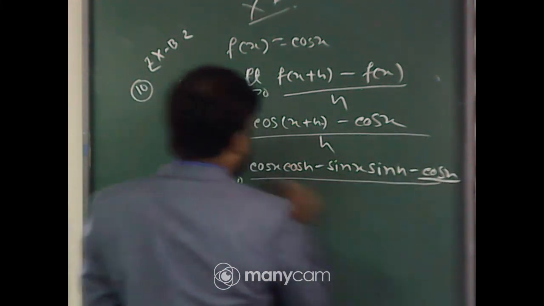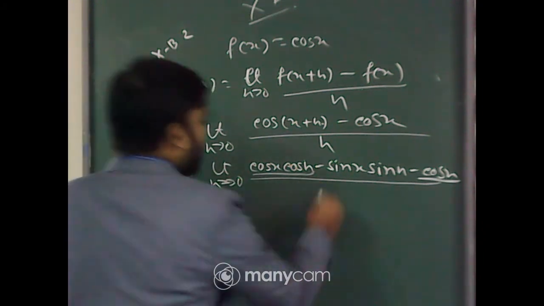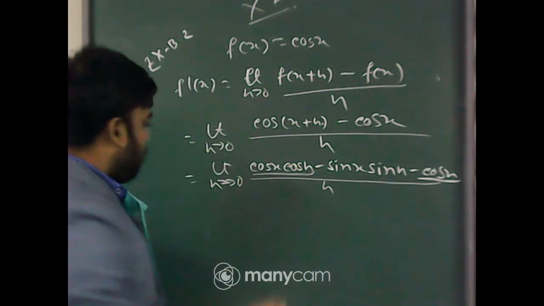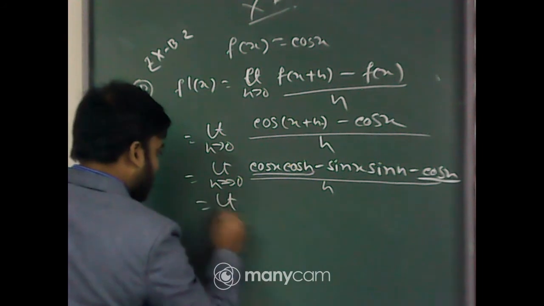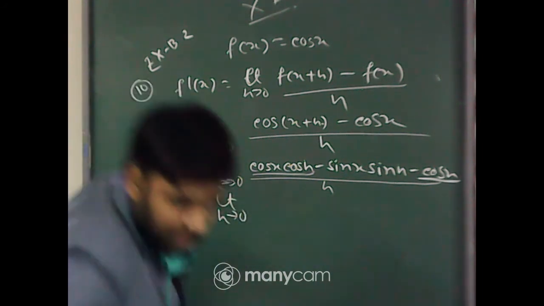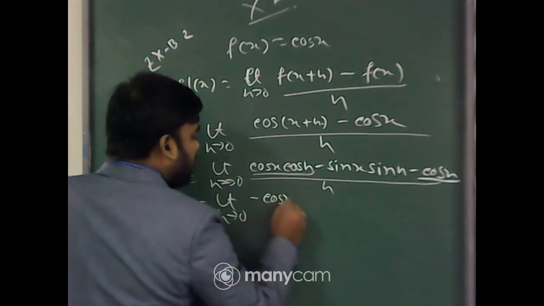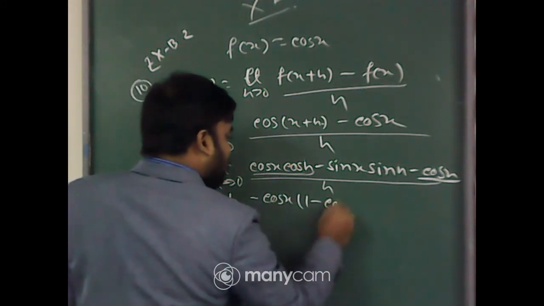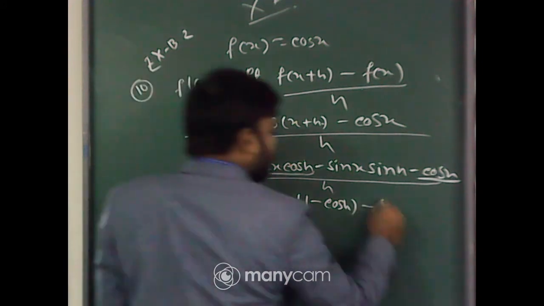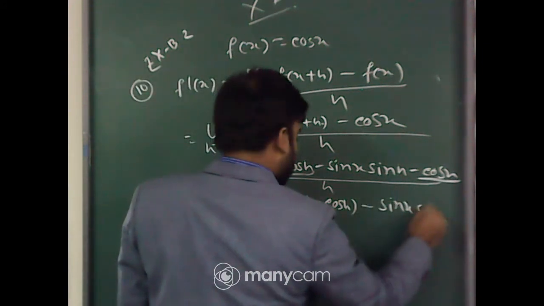Now from these two terms, cos x cos h and cos x, take minus cos x common. So the limit as h tends to 0, you will get 1 minus cos h, minus sin x sin h.